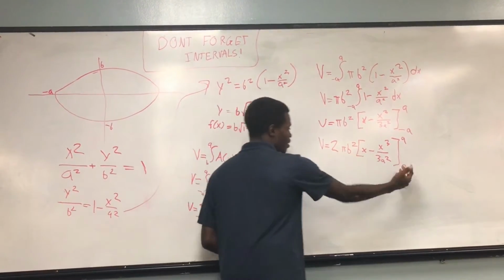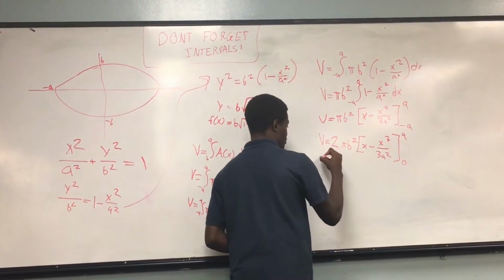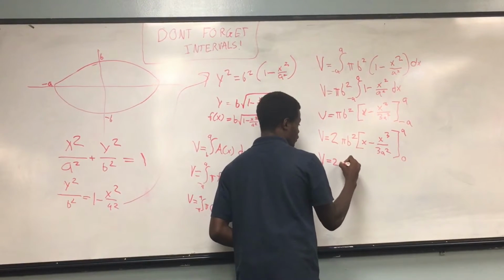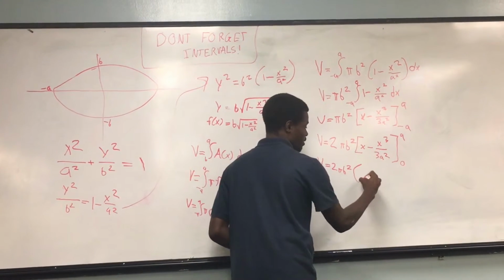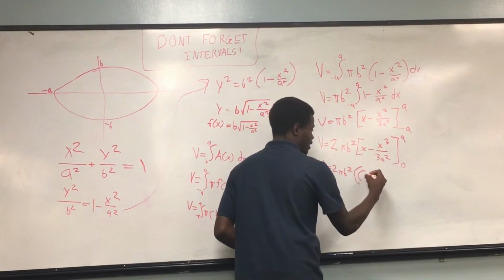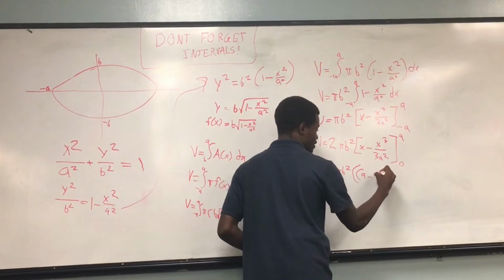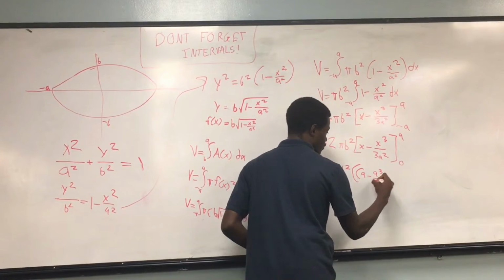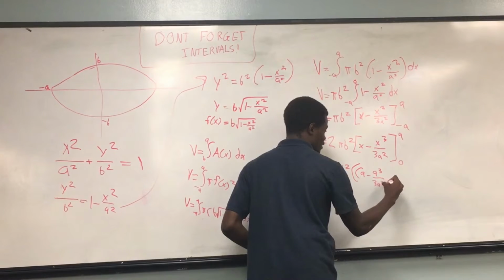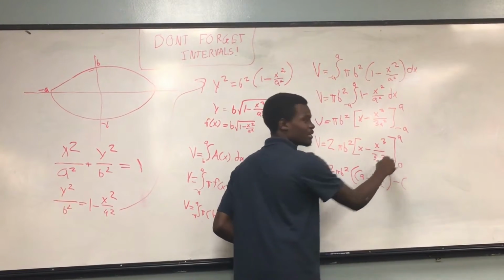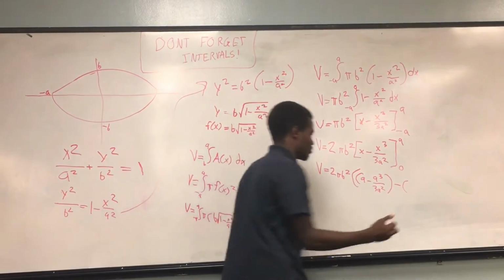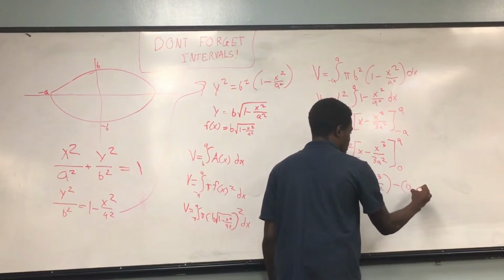Alright, and now we're going to solve for the interval. V equals 2 pi b squared. We're going to plug in what we have. That becomes a minus a cubed over 3a squared, minus, when you plug 0 in here, it's just going to give you 0. That's going to be 0.